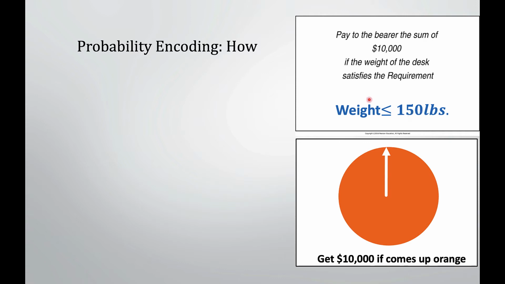Okay, so we will put that certificate over here and we will put the roulette over here. This is the thought process that you can use to help yourself figure out the probability with which you believe that the weight is going to be below or equal to 150 pounds.